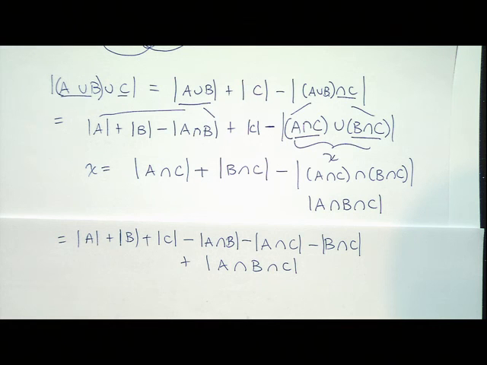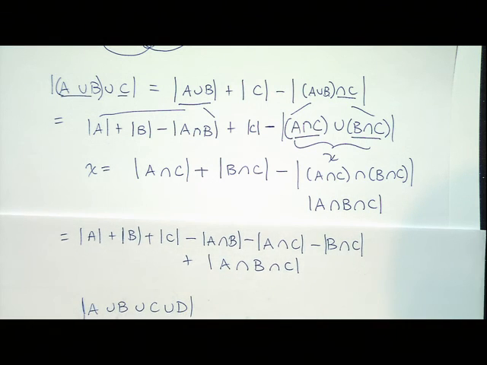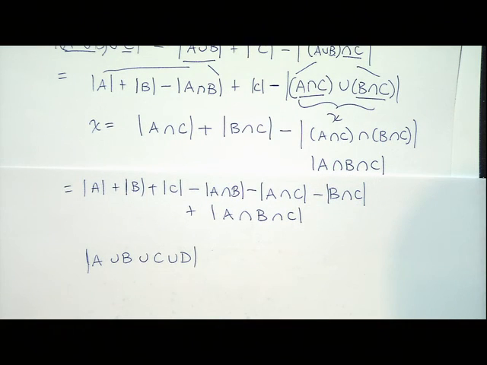So once we have done this, can you make a guess of what the formula for this is? So it looks like we add the individual sets, right?